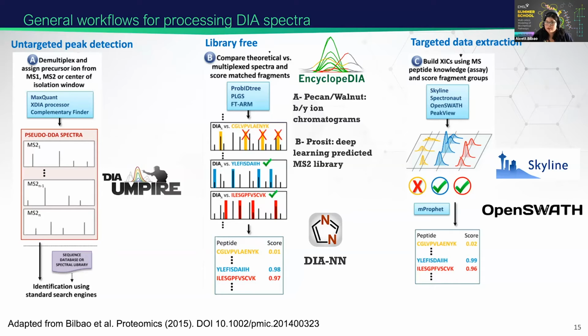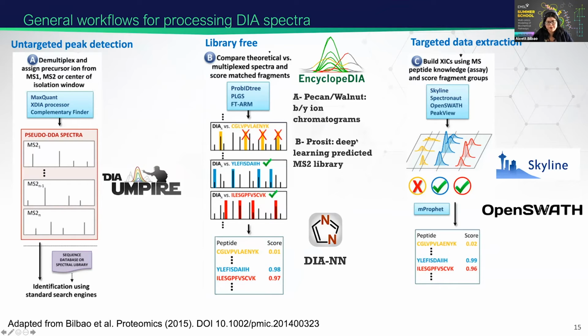And Prosit performs a deep learning analysis to predict the MS2, or to predict that library, and then analyze the DIA spectra. And finally, we have DIA-NN, which also has algorithms to perform analysis without requiring a spectral library.